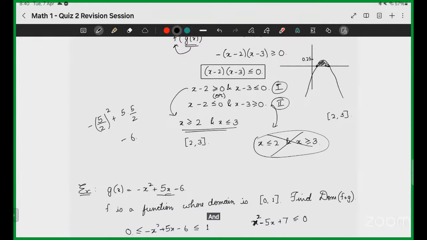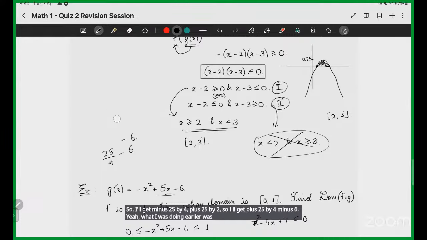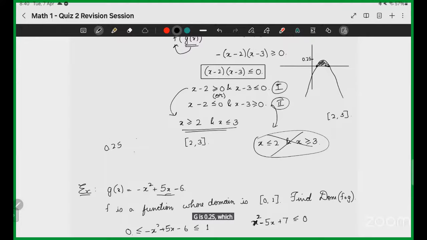And what is the maximum value it takes? That is attained at 5 by 2. So I'll get minus 25 by 4 plus 25 by 2, so plus 25 by 4 minus 6. Yes, what I was doing earlier was correct. So the maximum value of g is 0.25, which is well below 1.